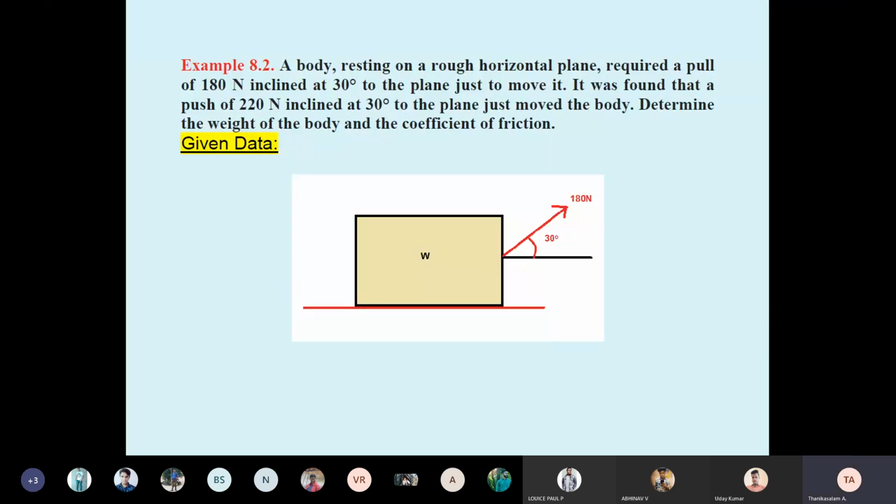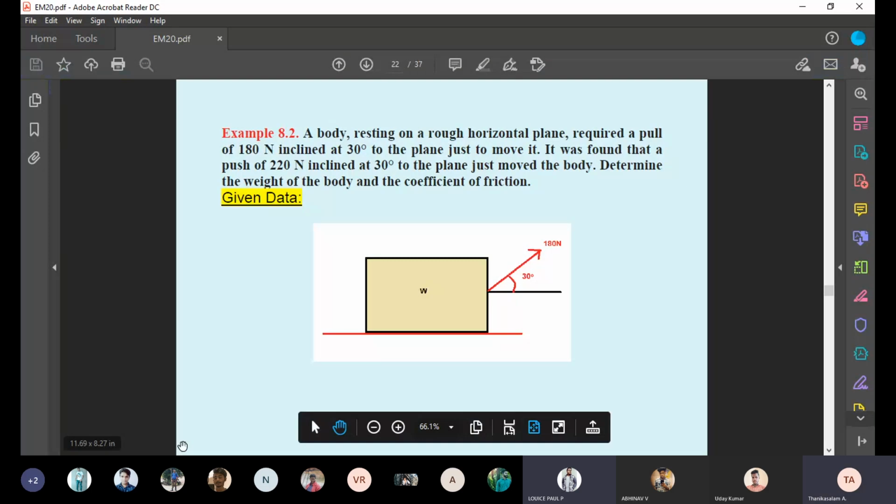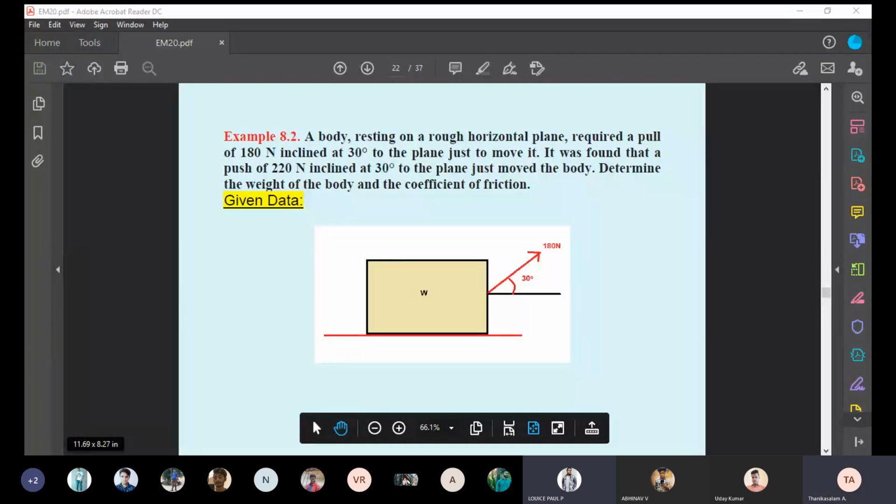Please, can you read this question? Yes, sir. The screen is not visible, sir. What now? No, sir. Wait. There it is, sir. There it is.